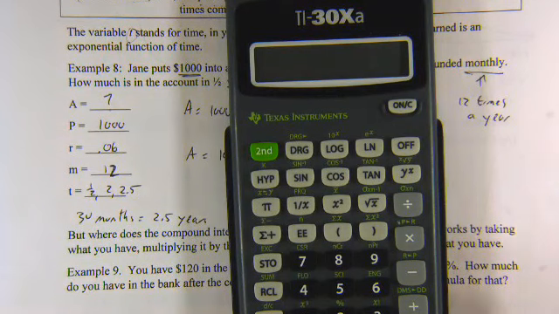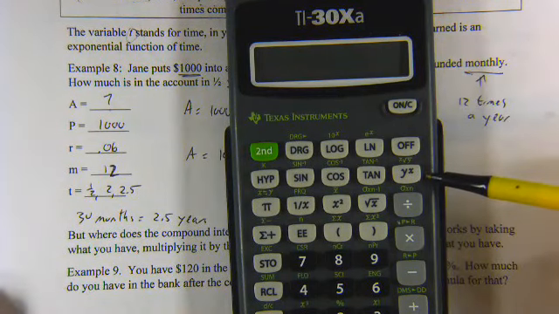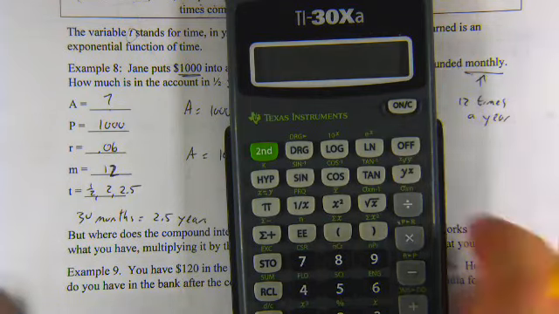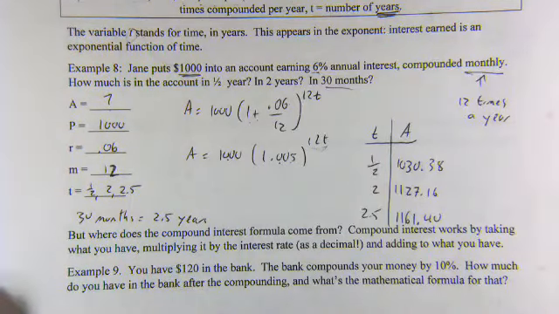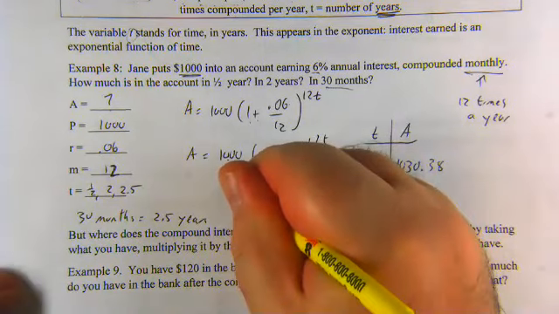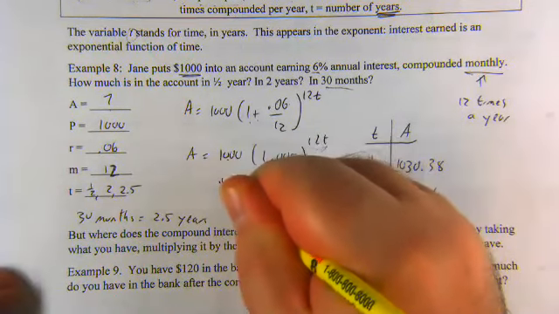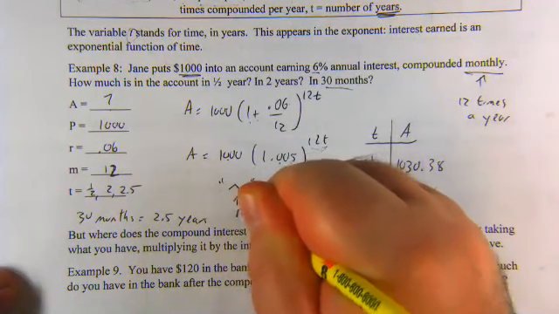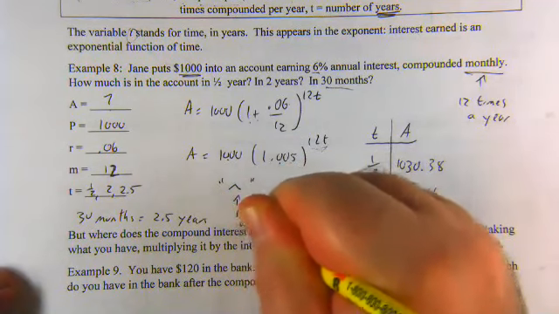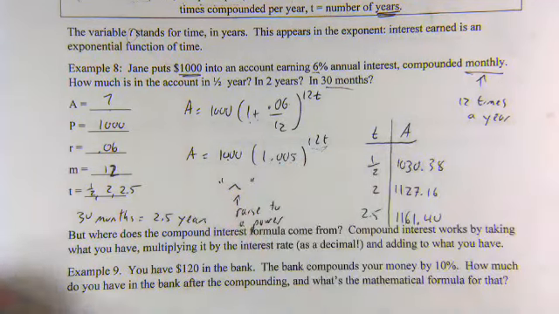I use this, y to the x. You might have a caret, a symbol for raising to a power, that looks like this. On your calculator, you can calculate these numbers like that.